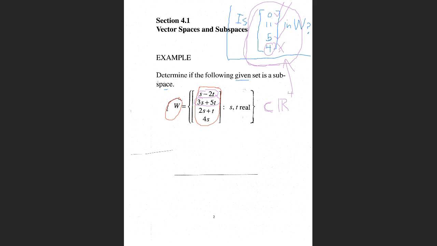We haven't proven yet if this space is a subspace of R4, but I'm just trying to help give you an intuitive feel for section 4.1. I find examples very helpful.